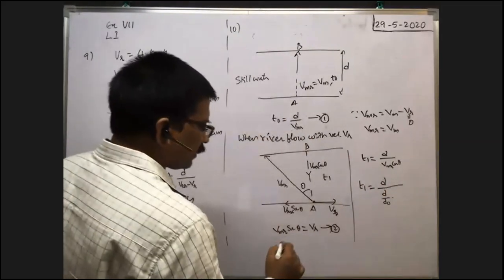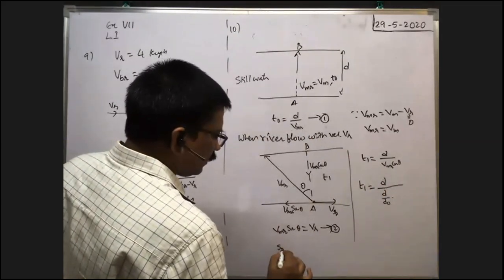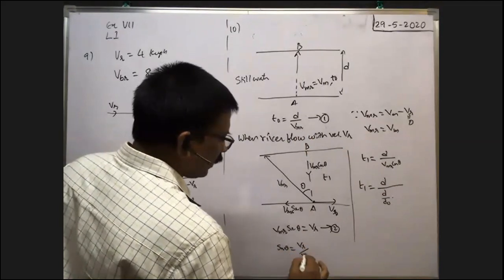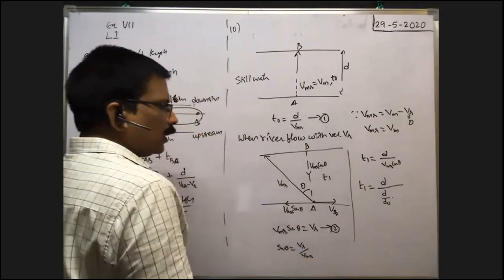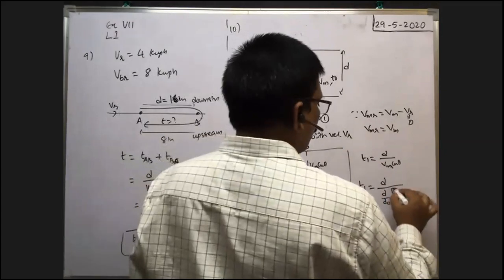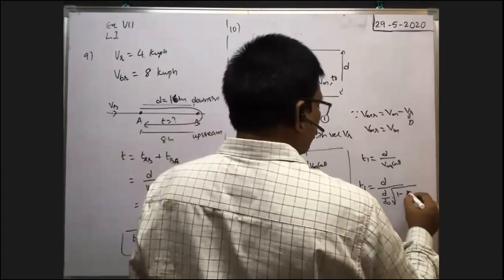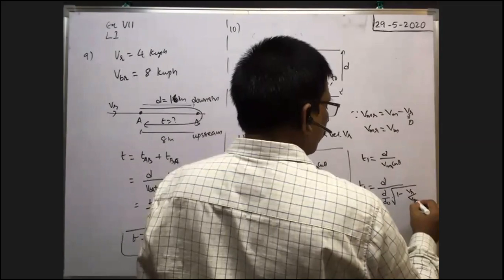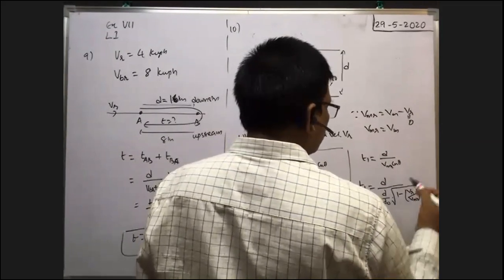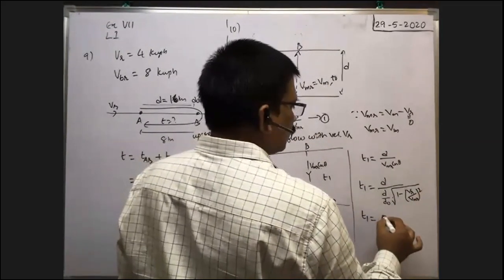How can we write cos theta? You see here, sin theta is equal to VR by VMR. Now cos theta means square root of 1 minus sin square theta, that means square root of 1 minus (VR by VMR) whole square.